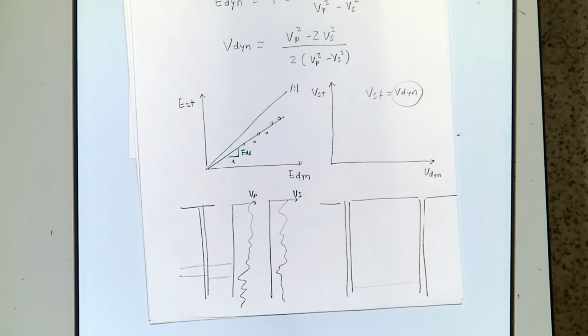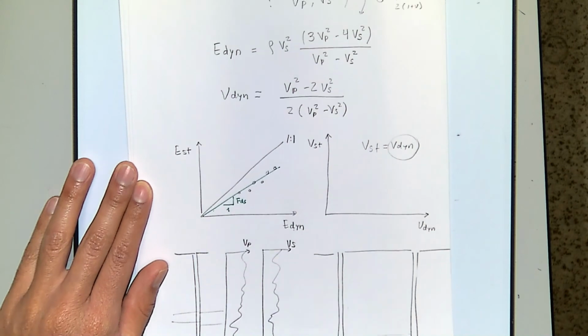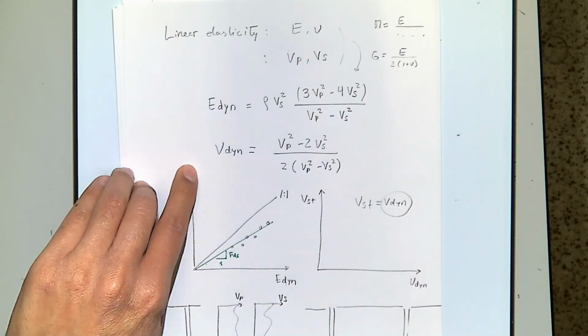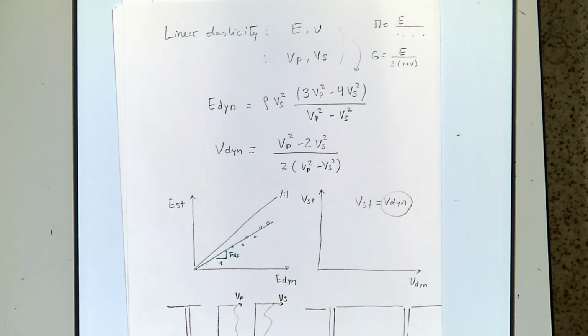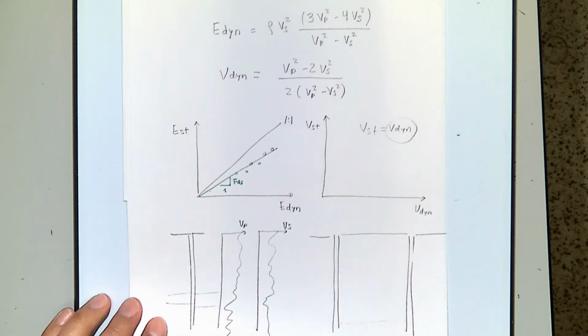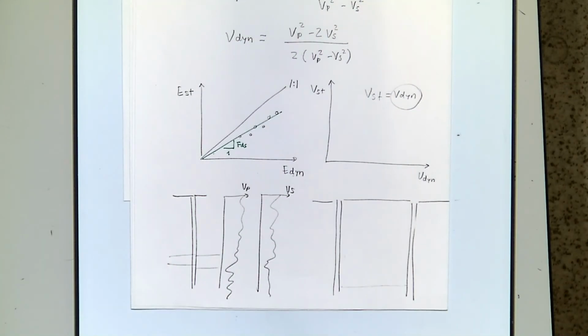So we have much more availability of dynamic measurements than static measurements. And in order to build a continuous model, we utilize these dynamic measurements, somehow fitted to represent what we actually want to model, in order to have a continuous model of the subsurface.